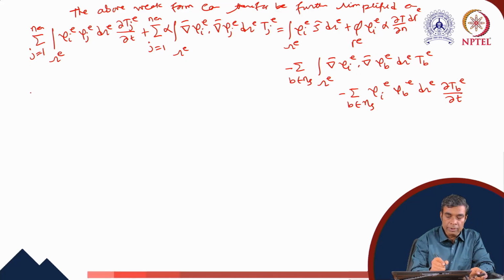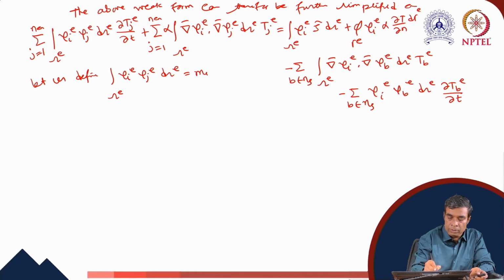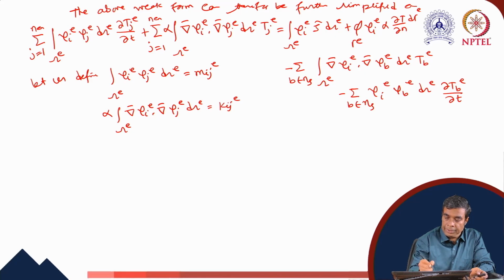Now we introduce certain symbols for the integrands. Let us define integration over omega^e psi_i^e psi_j^e d omega^e equals to M_ij. Alpha into integration over omega^e gradient of psi_i^e dot gradient of psi_j^e d omega^e equals to K_ij.